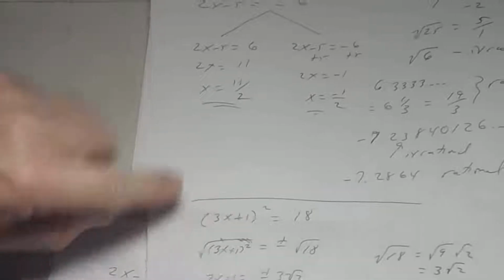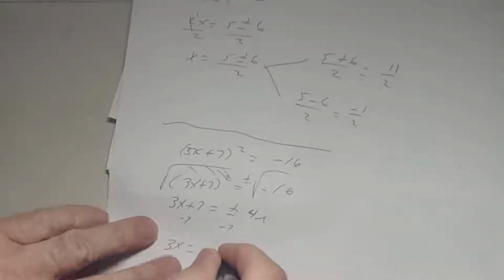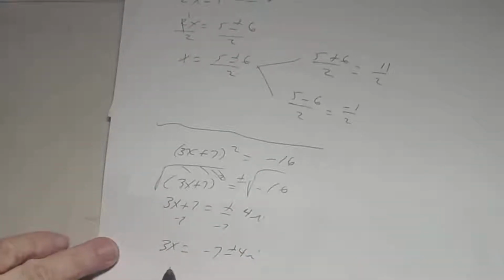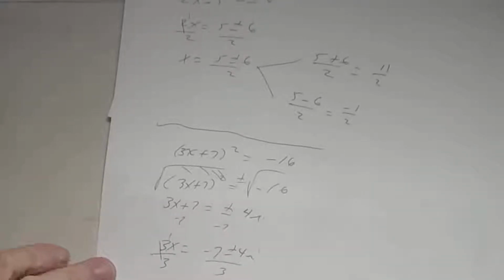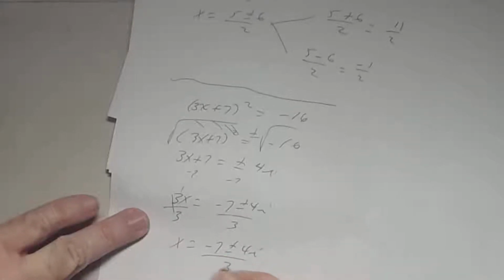You have to get x by itself though, so subtract 7. So how are you going to write this? 3x equals -7 plus or minus 4i. And then finally divide by 3. So x equals -7 plus or minus 4i all over 3.